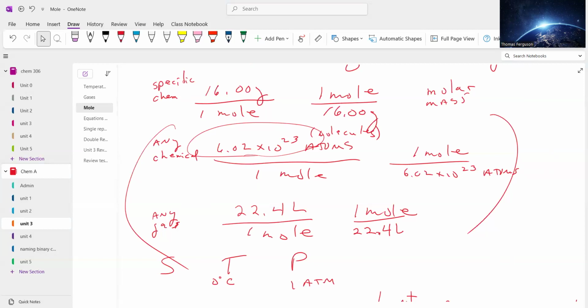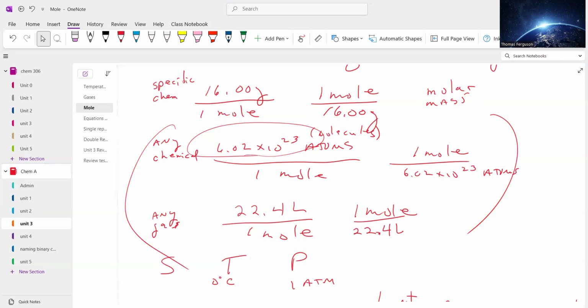And there's one more if we're dealing with gases. Gases are really weird because they're easily compressible, so we deal with volume on gas. When we're talking about a mole, there's 22.4 liters in 1 mole for any gas. Doesn't matter if it's H2 or UF6.